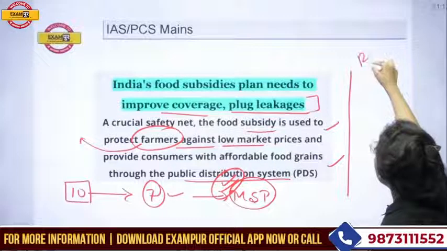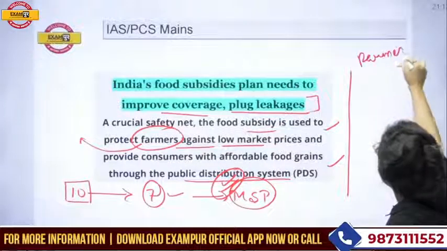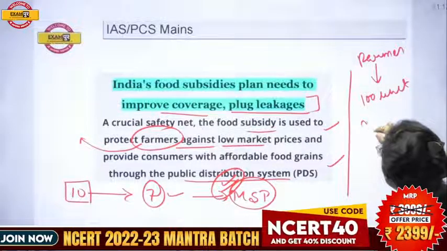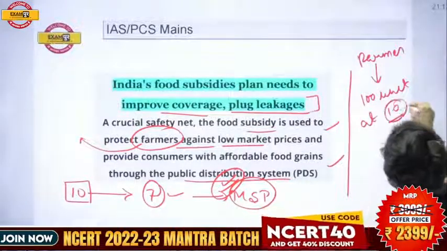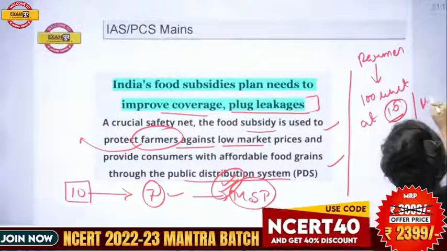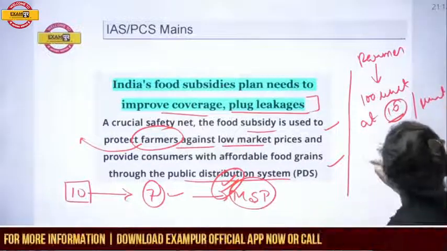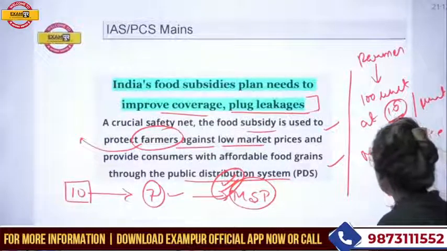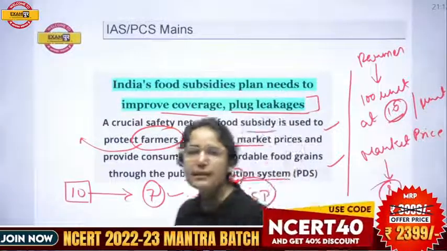Suppose I am a farmer, or I have produced 100 units at a cost of 10 per unit. But the market price, due to the heavy supply, would be 8 rupees. Why would I bear such a loss?